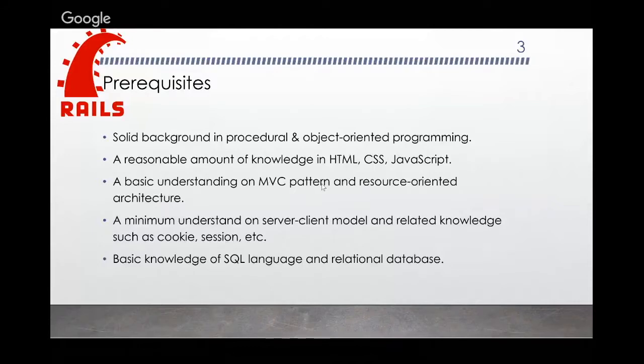In order to understand this magic inside the Ruby on Rails framework, you need to know all the basic concepts, like the ones we talked about just now: cookies and sessions, the server-client model, SQL language and relational databases, the MVC pattern, and resource-oriented architecture. Of course, HTML, CSS, and JavaScript are still useful and necessary.